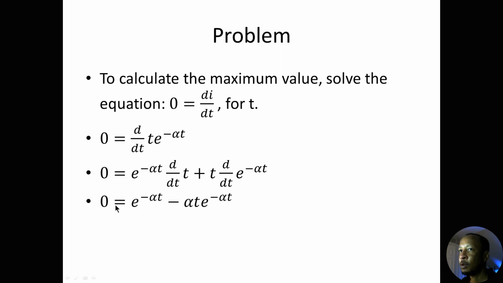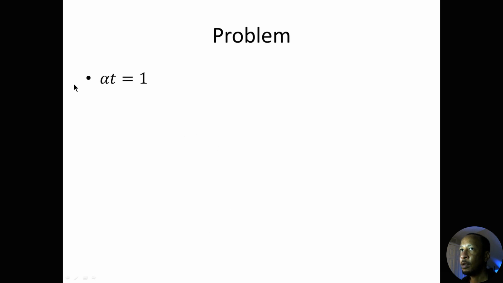Now we're left with 0 equals e^(−αt) minus αt e^(−αt). Next, αt e^(−αt) equals e^(−αt). Then αt equals 1, and finally t equals 1/α. So when α equals 0.5 per second, we have t equals 2 seconds.